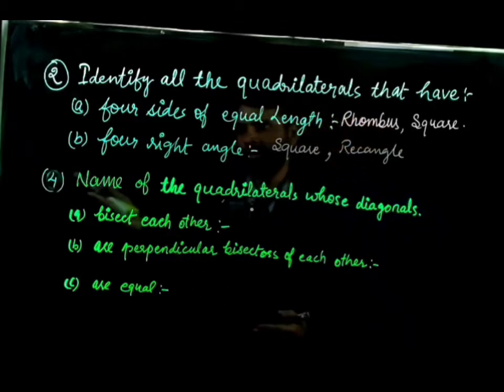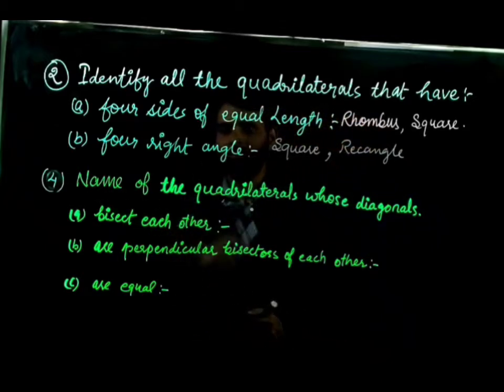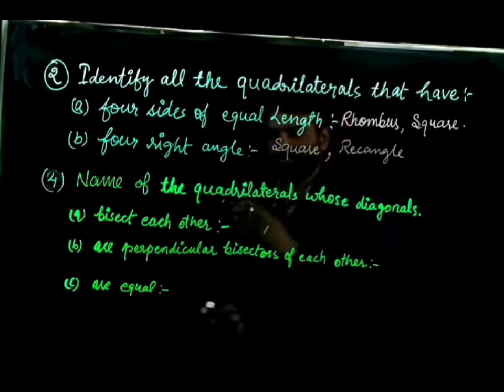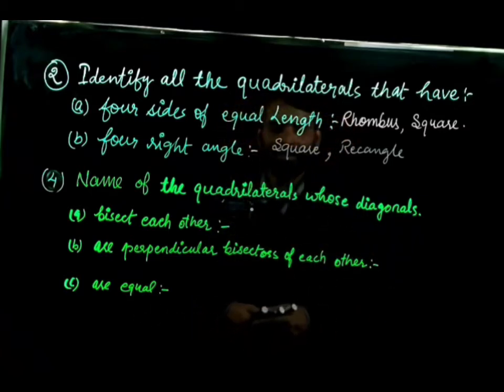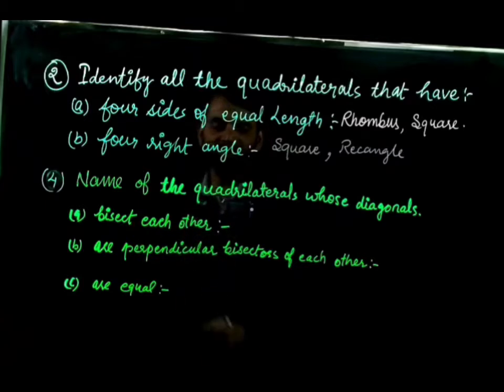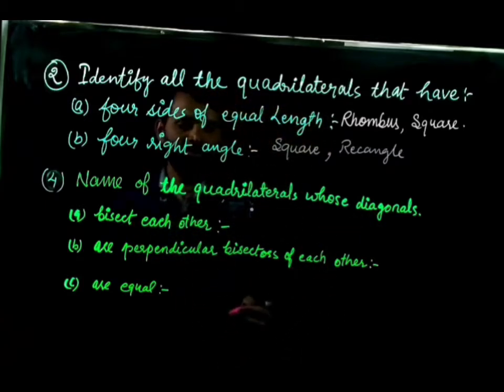Now question number 4, name the quadrilaterals whose diagonals bisect each other. Which quadrilaterals have diagonals that bisect each other?